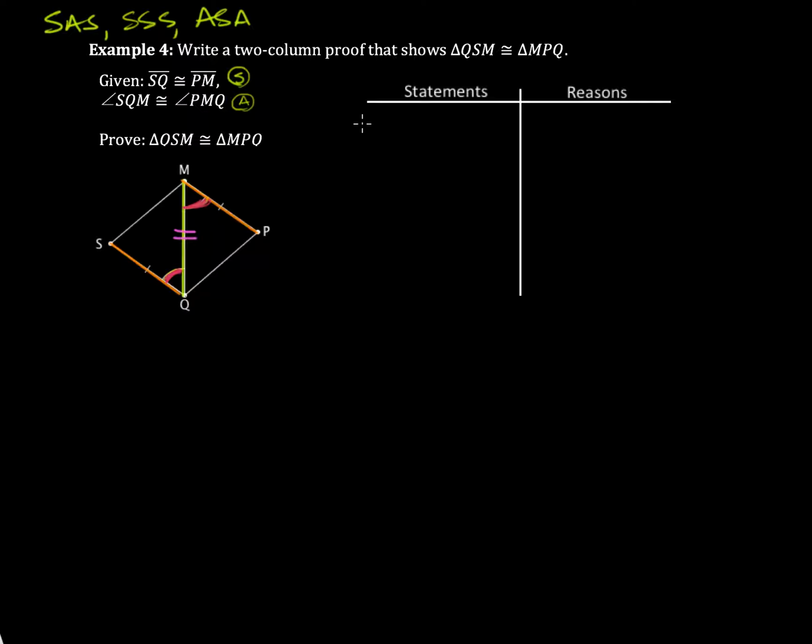So let's start writing that out. First of all, we have SQ congruent to PM and angle SQM congruent to angle PMQ because of given information. Next, we realize that segment QM is congruent to itself, and that reason would be the reflexive property.